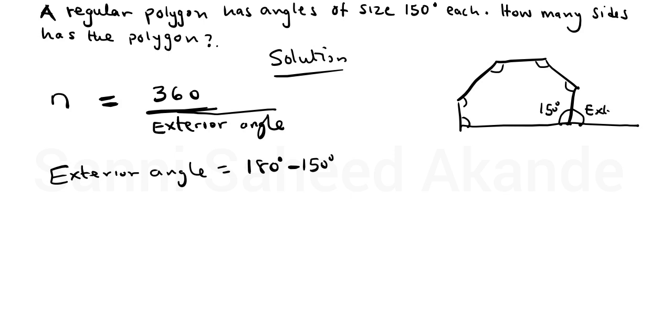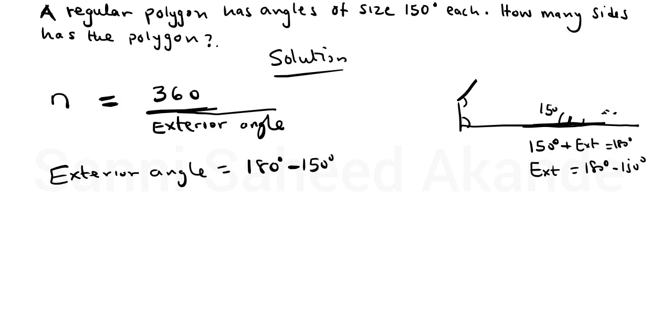Understood? So for me to find this exterior angle, I'm going to use angles on a straight line. That is 150 degrees plus the exterior angle is equal to 180 degrees, the sum of angles on a straight line. Understood? And when you do that, you just collect the like terms and find the exterior angle to be equal to 180 degrees minus 150 degrees. So that is exactly what I have done there. Let me take this off and then we'll continue.